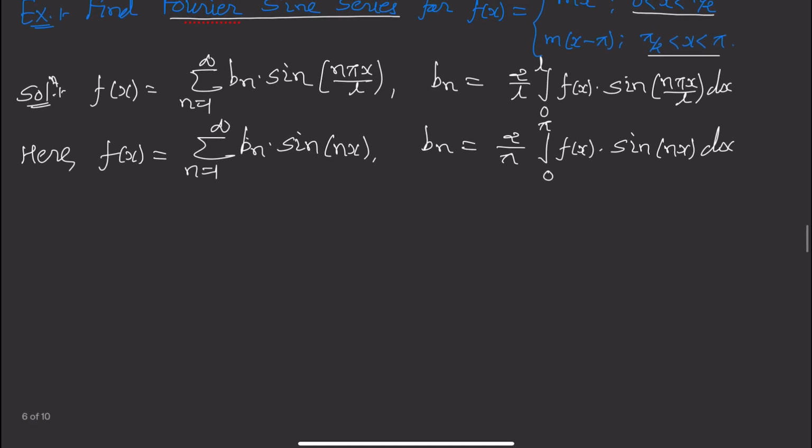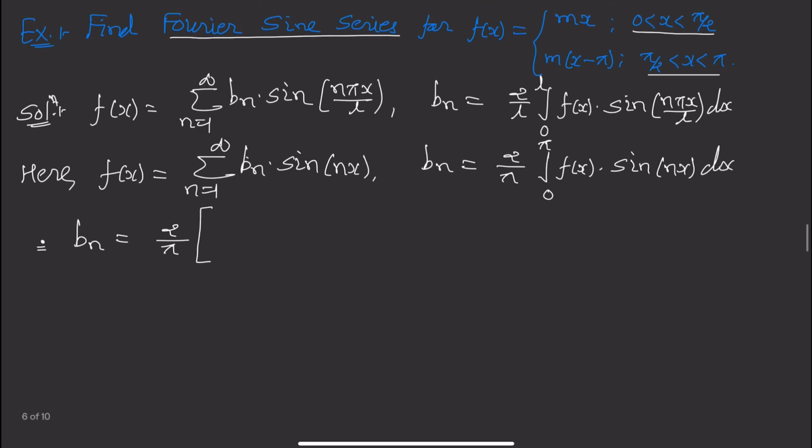So now let us evaluate Bn. What is Bn? 2 upon pi integration 0 to pi. Now see, this domain 0 to pi is divided into two parts, 0 to pi by 2 and pi by 2 to pi. So we have to divide this integral into two parts, 0 to pi by 2 and pi by 2 to pi.